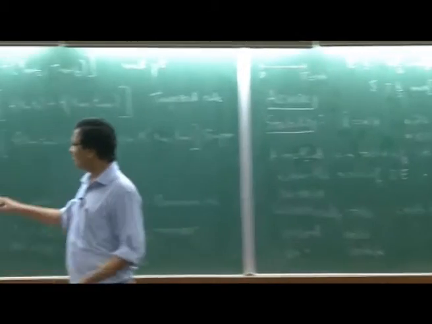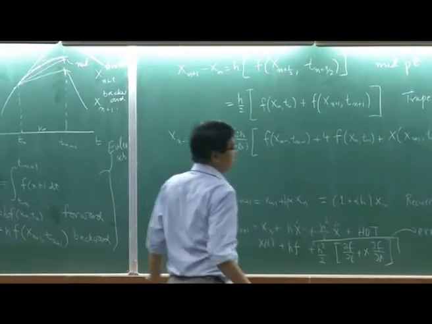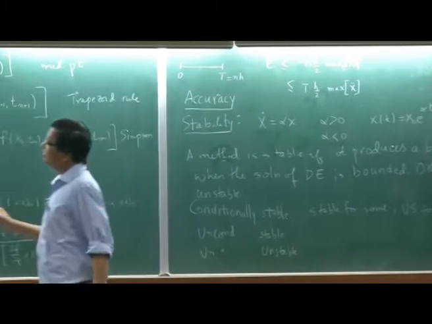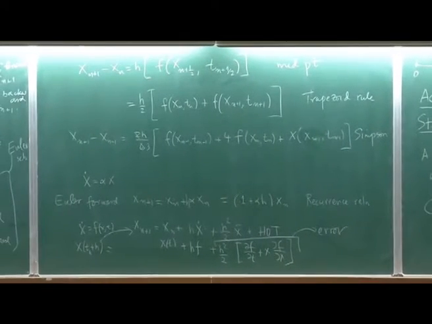Now let's see, what about this equation? Let's look at the Euler scheme, x dot is alpha x.